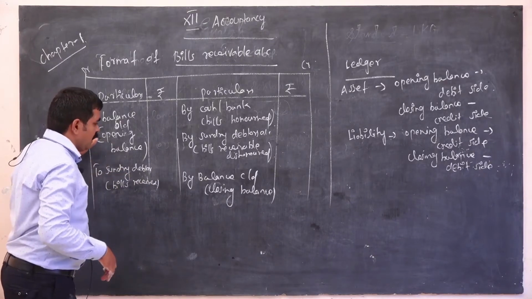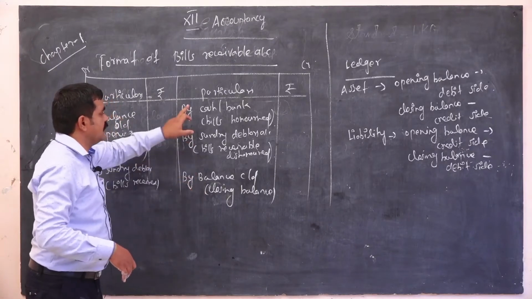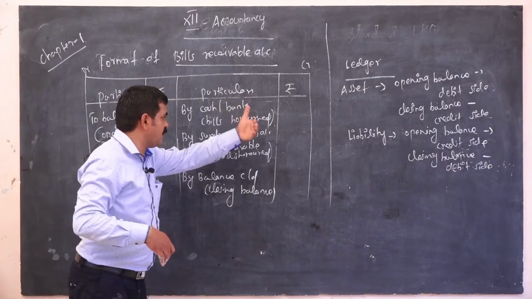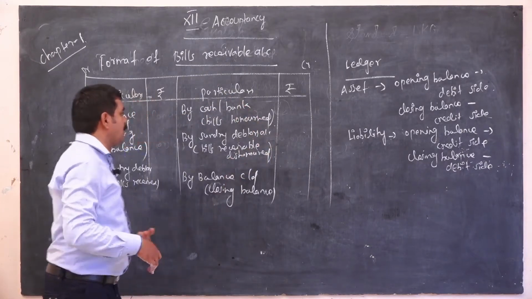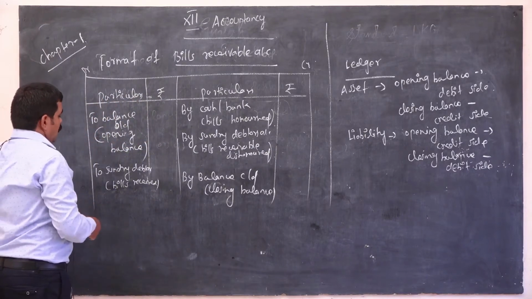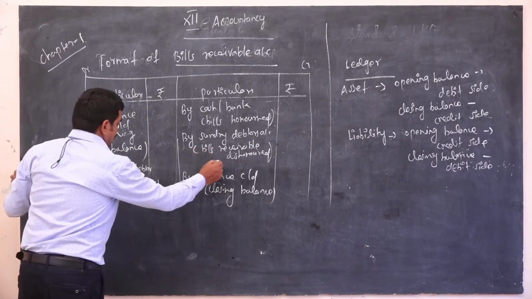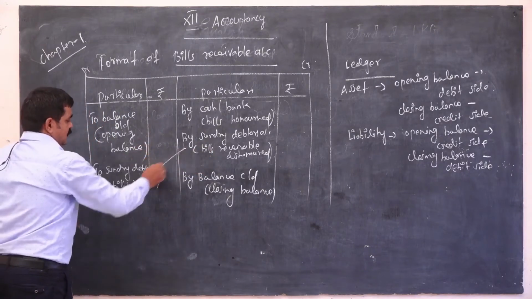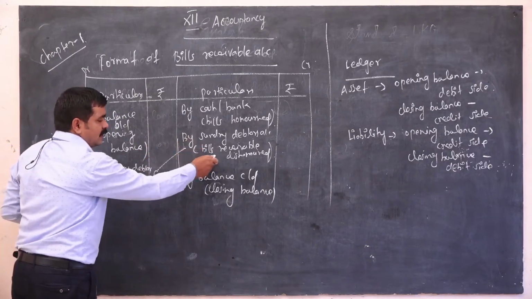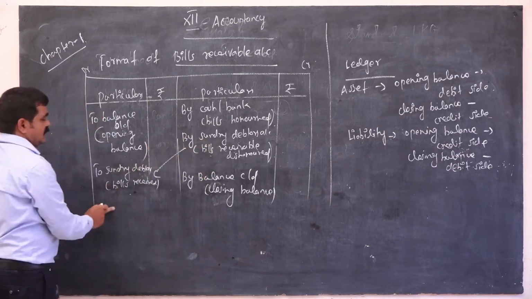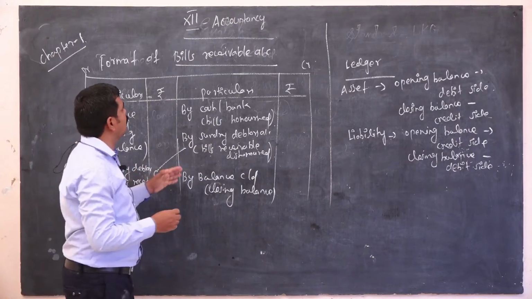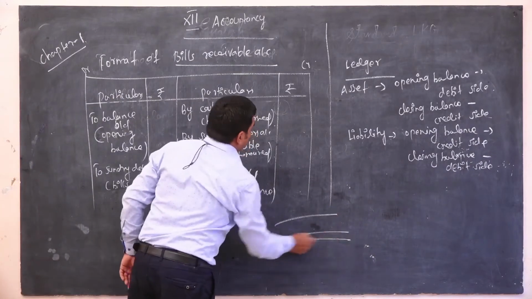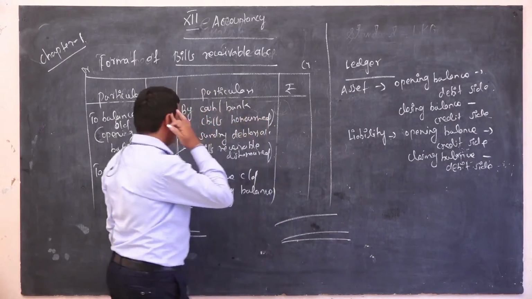First opening balance, then closing balance, then cash or bank transaction for bills honored by other persons. Next, here dishonor, here received. This is the difference: where it is received on one side, it is dishonor on the other. That is the difference in this bills receivable account.